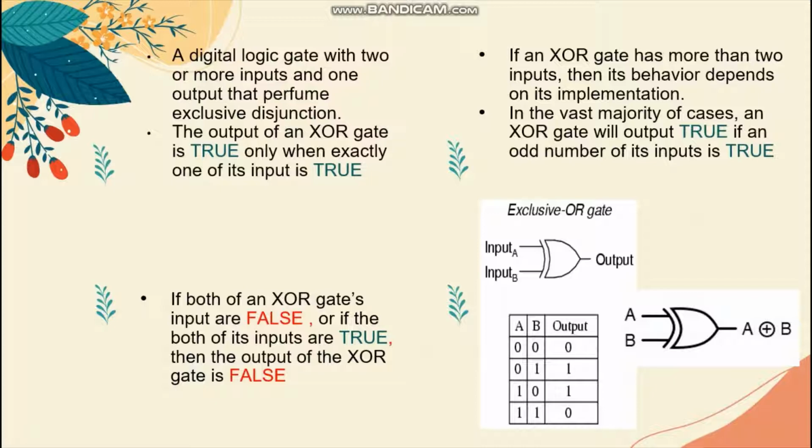If both of an XOR gate's inputs are false, or if both of its inputs are true, then the output of the XOR gate is false. If an XOR gate has more than two inputs, then its behavior depends on its implementation. In the vast majority of cases, an XOR gate will output true if an odd number of its inputs is true.